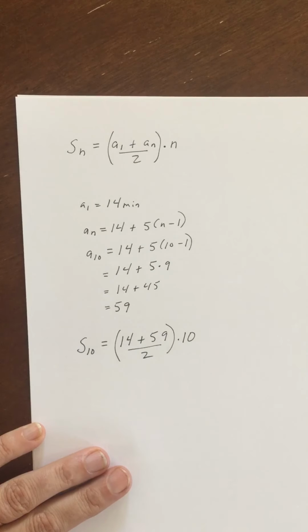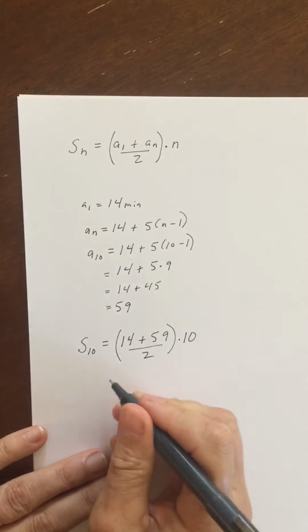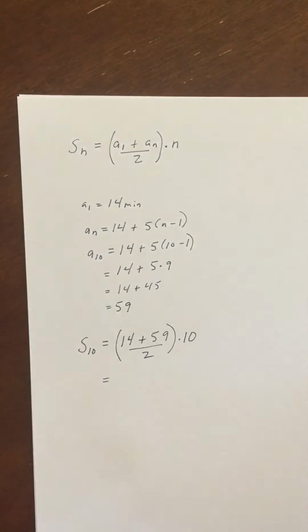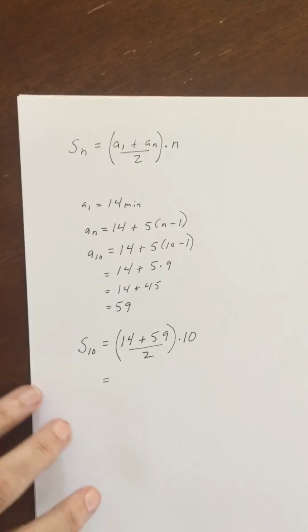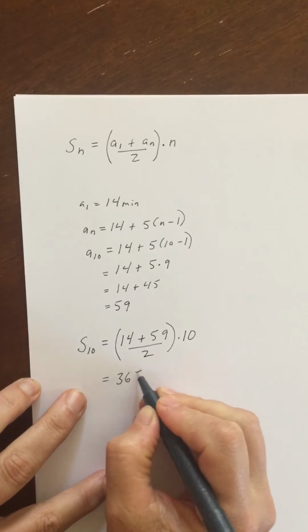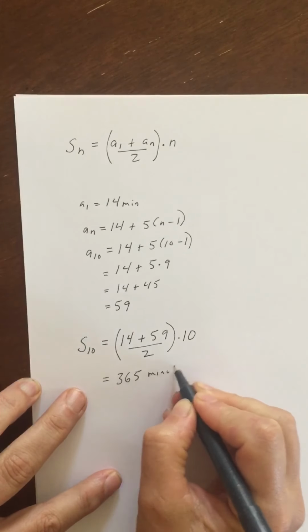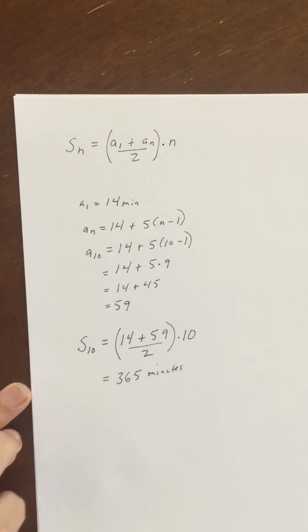Let me calculate that on my calculator: 14 plus 59, divide by 2, and then times 10. It's kind of an interesting answer. I get 365 total minutes of writing time.